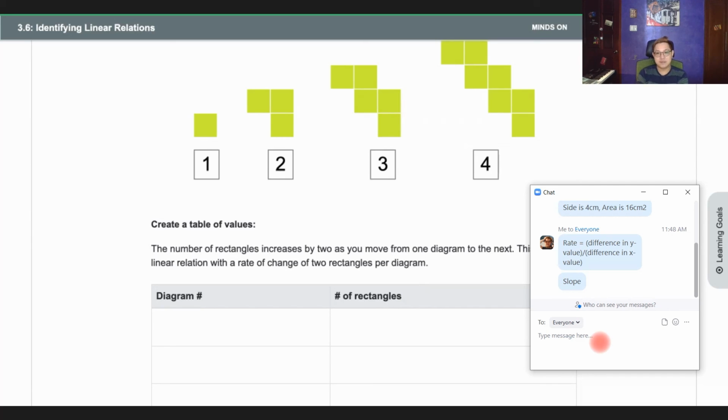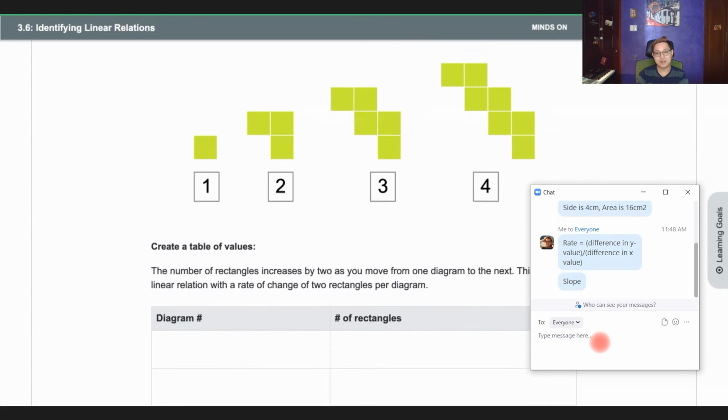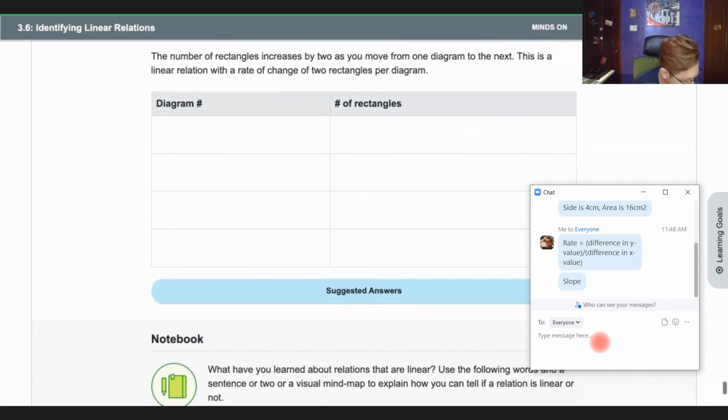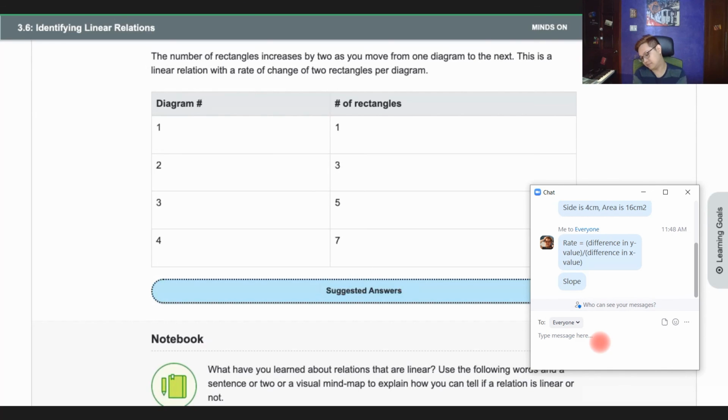You think it's linear? Yeah, it is. So linear: 1, 3, 5, 7. It increases by 2 each time it jumps. So 1, 3, 5, 7 is linear.